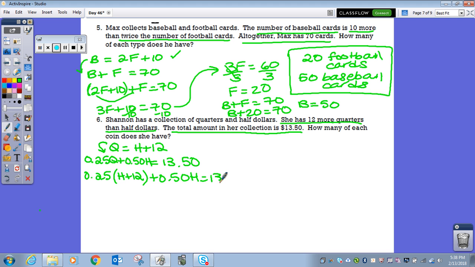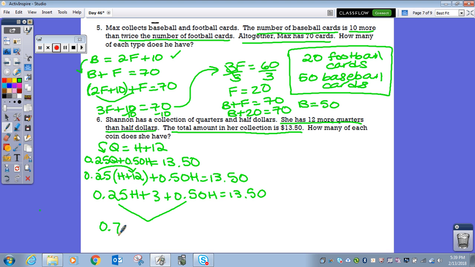0.5H equals 13.50. Okay, and so now I'm going to distribute 0.25H plus what is a quarter of 12, right? 0.25 times 12, that's going to give me 3, plus 0.50H equals 13.50. Okay, I'm going to combine my like terms. I get 0.75H.